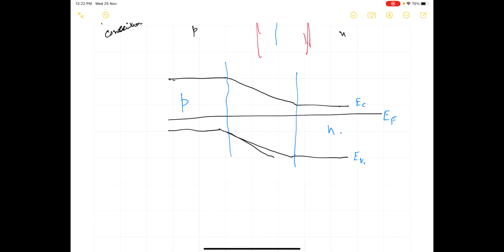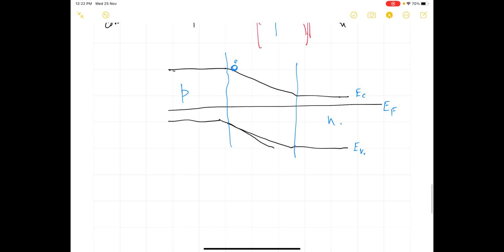Now let's consider there is an electron, in the same way that I explained in the carrier diffusion process. If an electron is sitting on the hilltop, it will roll downwards. The same way as I explained in the diffusion, the field direction will be in this direction.